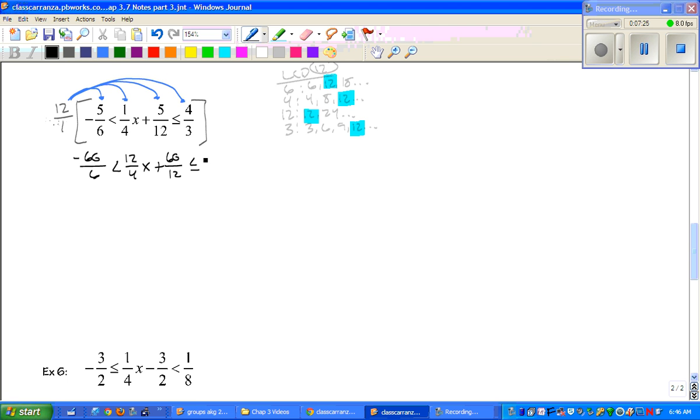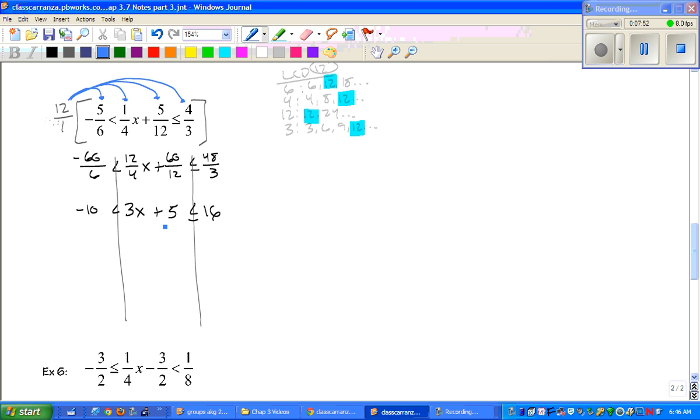And then 12 times 4 is 48. Now you guys should just have your multiplication charts for that. Okay, negative 60 right here. So now all we're going to do is divide. So we get negative 10 less than 3x plus 5 less than or equal to 16.